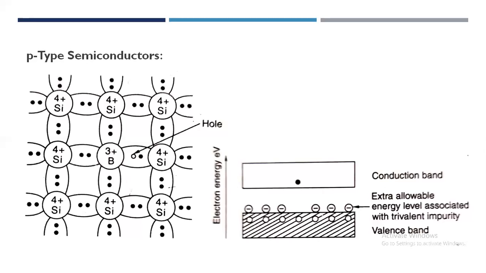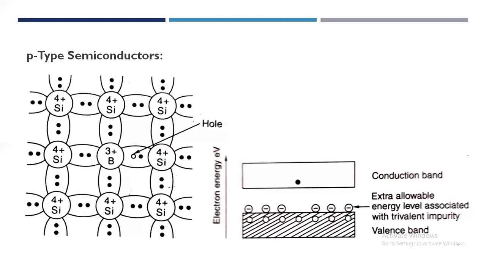As a result, it seeks to acquire a 4th electron, and it does this by taking advantage of any thermal motion that fortuitously brings an electron from a neighboring silicon atom into a favorable condition to be captured. Such capture requires a very small energy of 0.08 electron volt in the case of silicon.